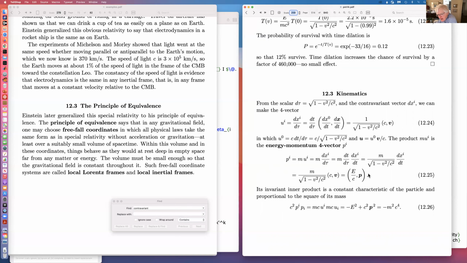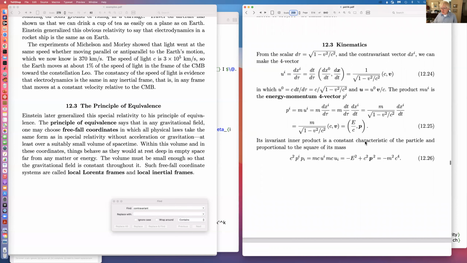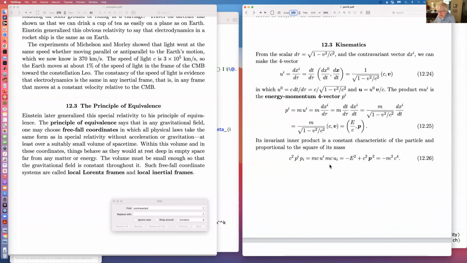So this is the energy momentum 4 vector. Its invariant inner product, of course, is a constant. That inner product is just c squared p squared minus E squared, and that's minus the square of the mass times c to the fourth. So that's an invariant.